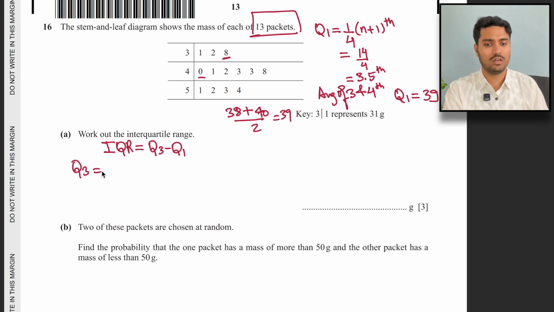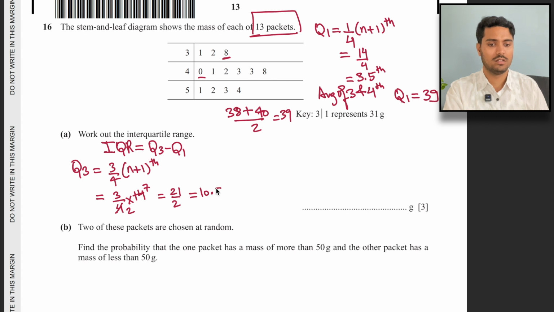So Q3 is going to be 3 by 4th of (n plus 1) position value. That is going to be 3 by 4 into 14. So this is going to be 2 7s are 14, now 7 3s are 21 by 2. That is 10.5 position value.